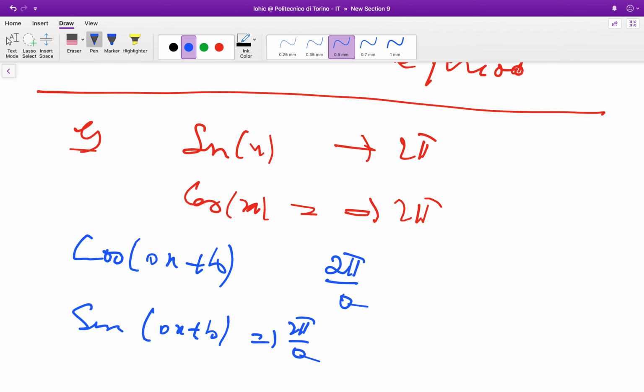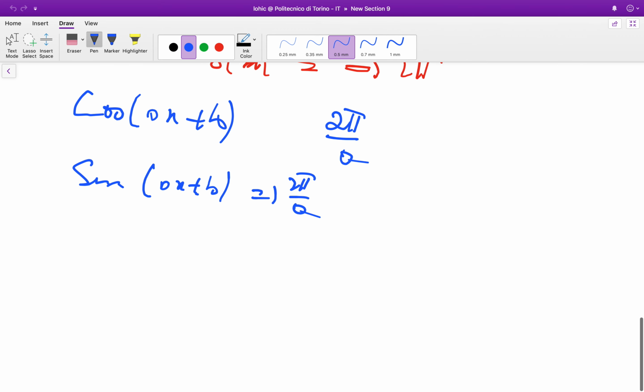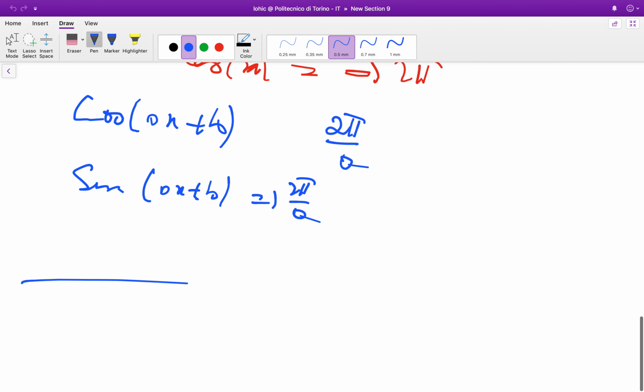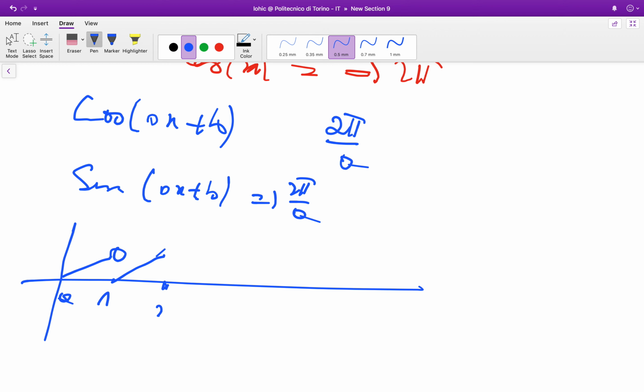Is that clear? Okay. And also remember the graph of the mantissa, I don't know if we did it together, it was something like this. What do you notice? How much is the period? Is it periodic?